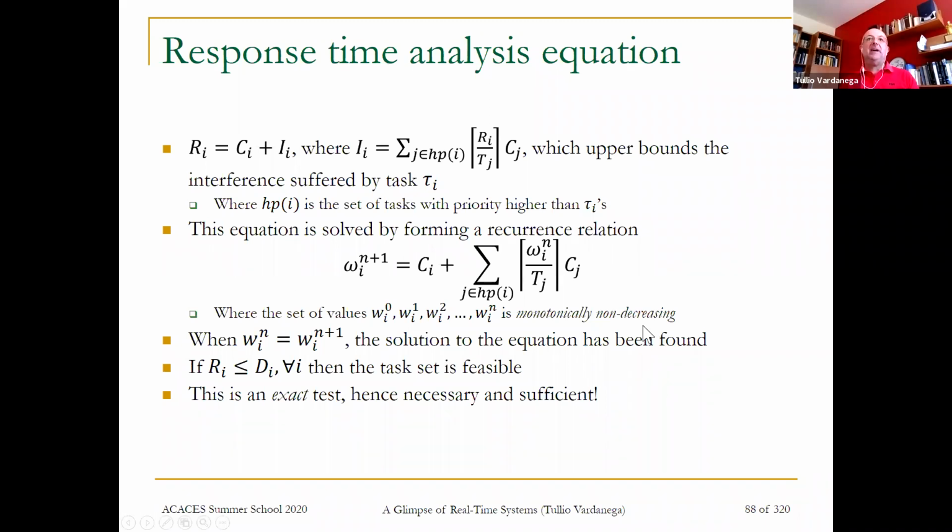I think we understood yesterday that this equation says the point of equilibrium, if any such point exists, between the time available, which is this side of the equation, and the demand of time by the tasks executing under fixed priority scheduling, which is the right side of it. So this demand is what the job needs to execute at its maximum demand for that particular job, plus this term, which is in fact the definition of interference.